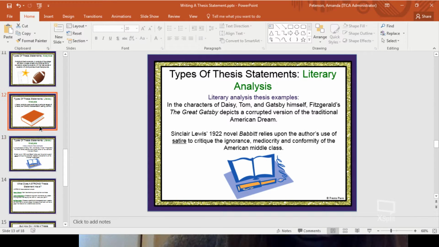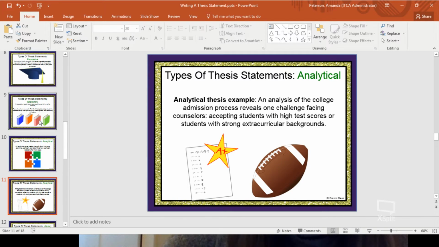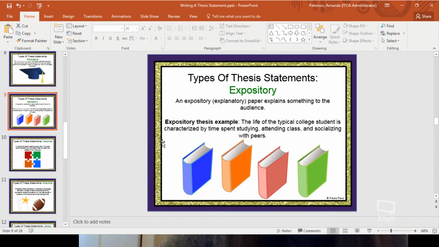Let me find it. There was a good one in here. Okay, for example, this is a 3-pronged: the life of a typical college student is characterized by time spent studying, attending class, and socializing with peers.